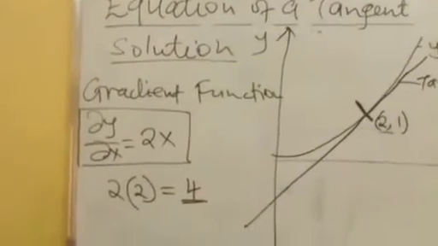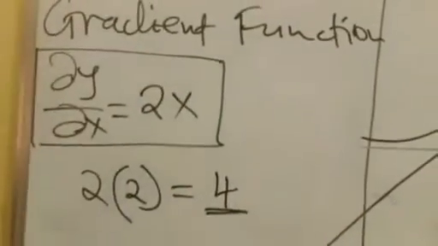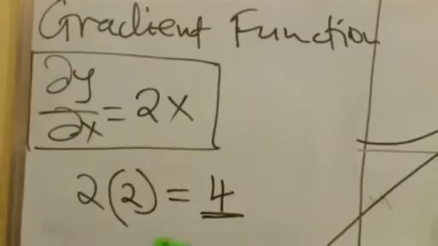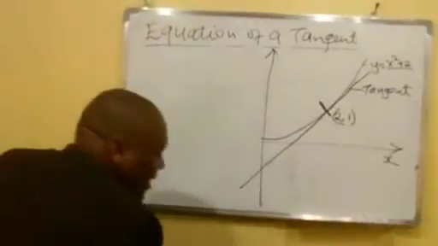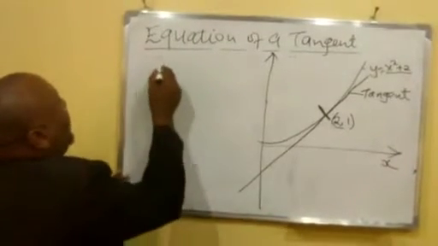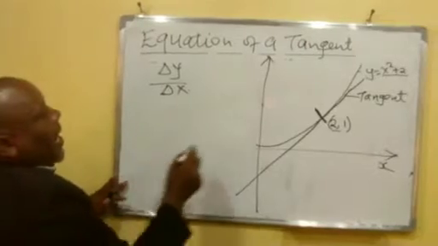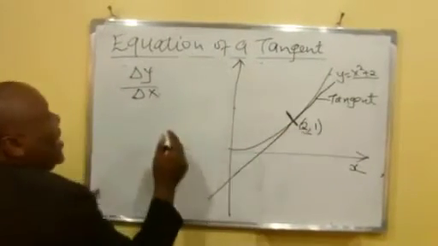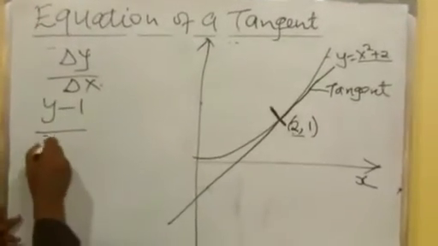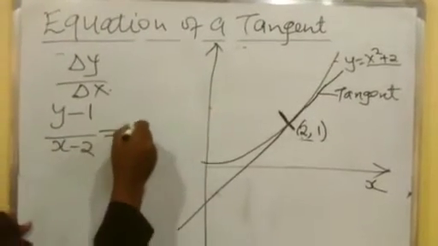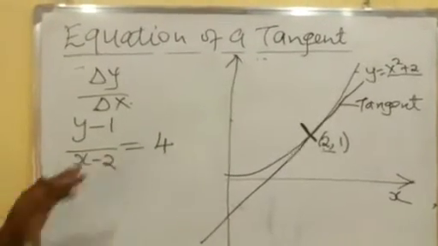We know that the gradient of any given line is given by change in y over change in x. We know that this point is (2, 1), so y minus 1 all over x minus 2 should give us the gradient which we got as 4.